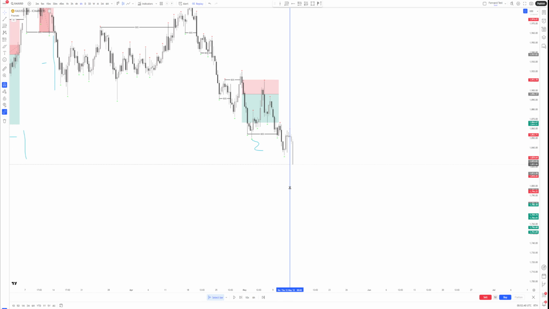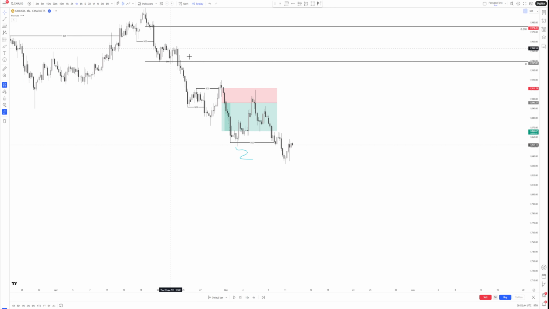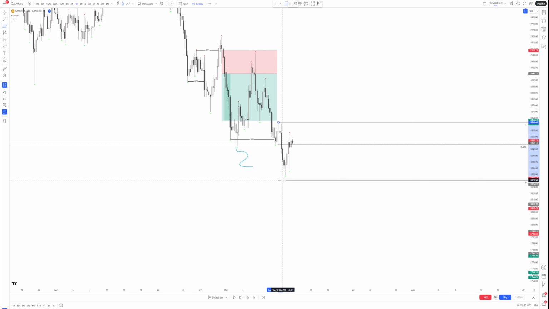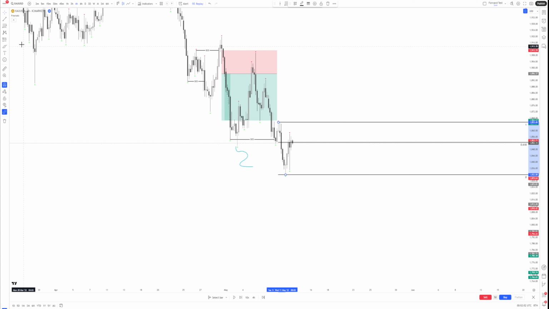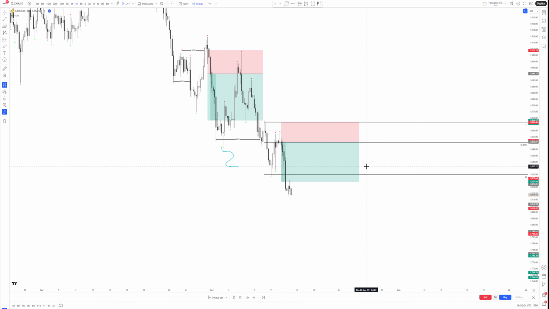However, we've got jump onto 4. You can see the breaker structure happened there. Then we had another move down here and did meet our criteria. That would have been another move there, and then you would have had a 2-to-1. So this looks like would have been a good win in itself. So that would have been a 2R.